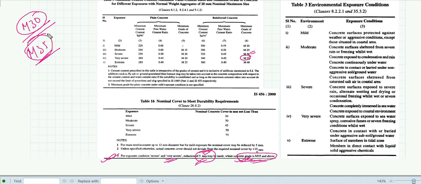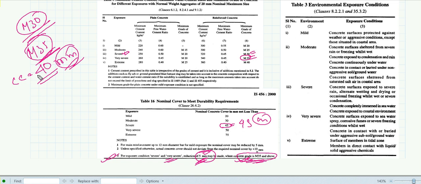So for now you can see that though it is a severe condition, we are using a higher grade of concrete, that is M35. As we have selected M35, we can reduce the cover. As for severe we need 45 clear cover, but it is written that if it is M35 or more, we can reduce it by 5, so we can take clear cover as 40.